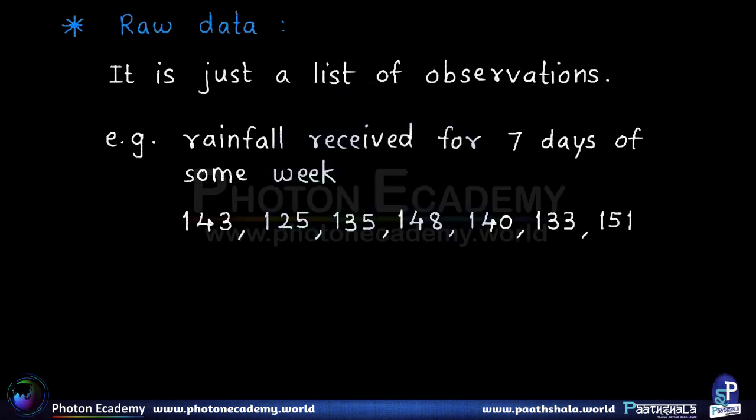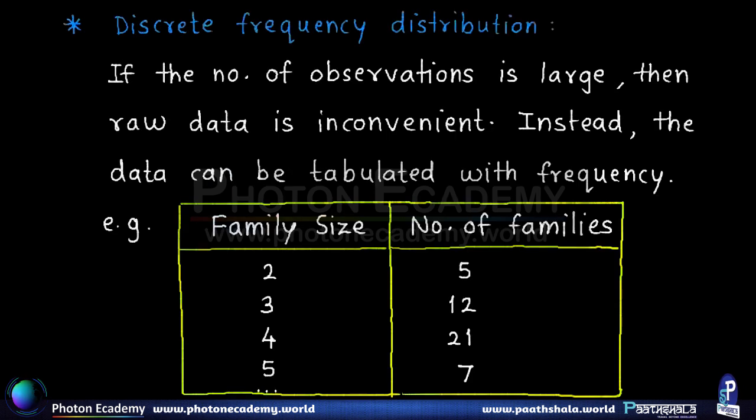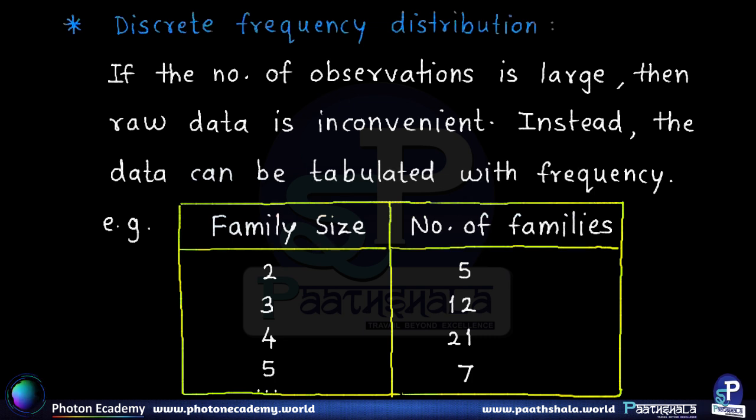The other type of data is the discrete frequency distribution, or in short, discrete data. When do we use it? If the number of observations is large, then raw data is very inconvenient, as we can definitely guess. So instead the data can be tabulated with the frequency. As an example, see here we have a table of family size and the number of families.